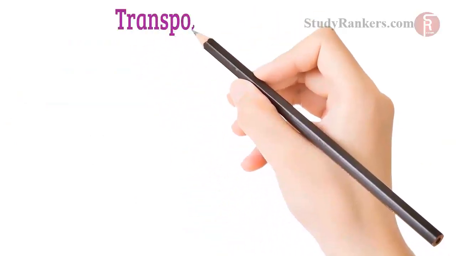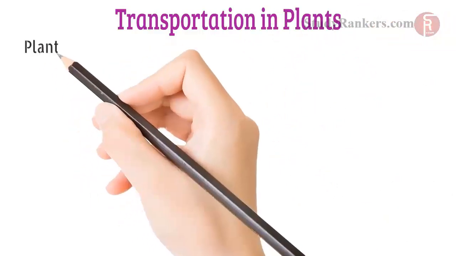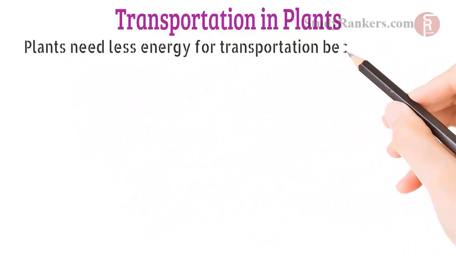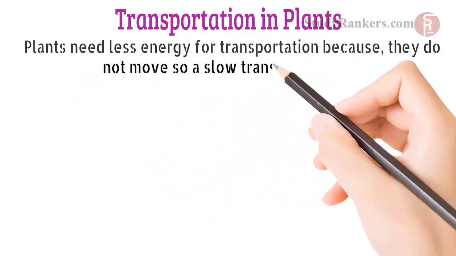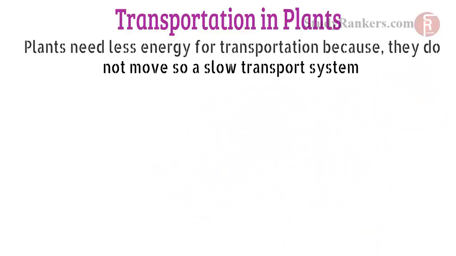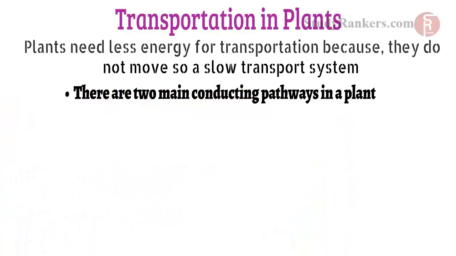Our next topic in this part is transportation in plants. As we know, plants need less energy for transportation because they do not move, so it is a slow transport system. There are two main conducting pathways in a plant.